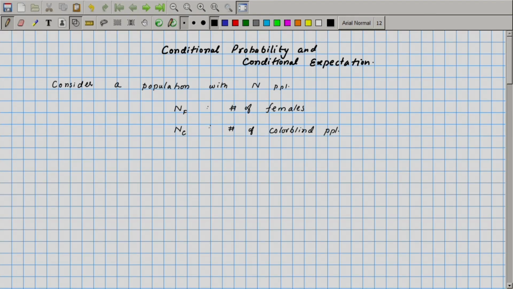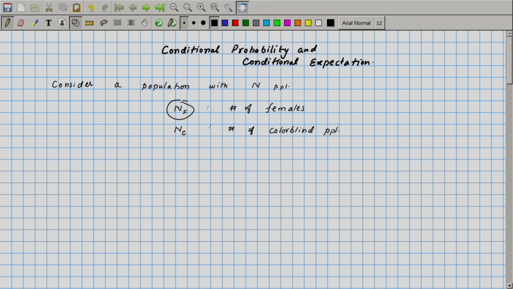We are randomly choosing some person from this group of n people, and when we say randomly, each person is equally likely to be chosen. So, the events that we are interested in are F and C. F denotes the event that the randomly chosen person is a female, and C denotes the event that the randomly chosen person is color blind.